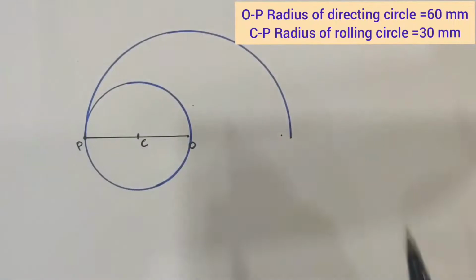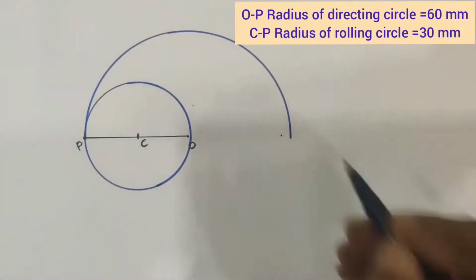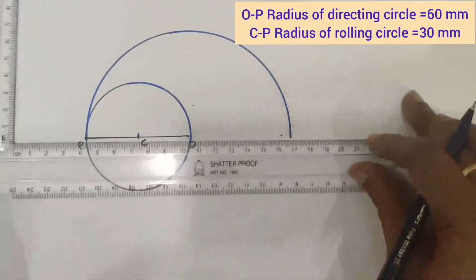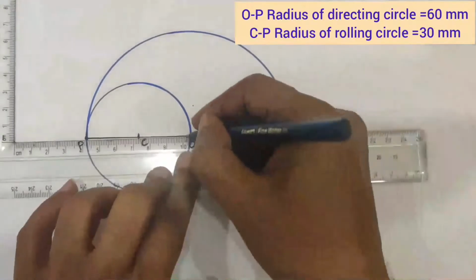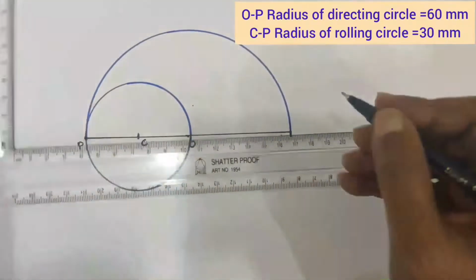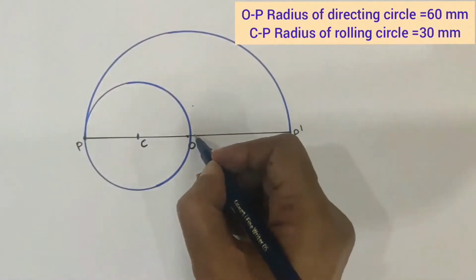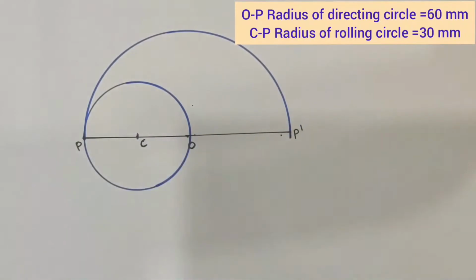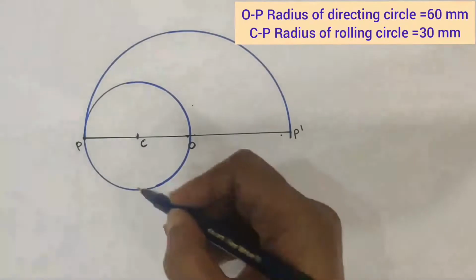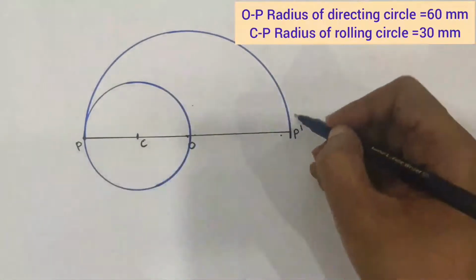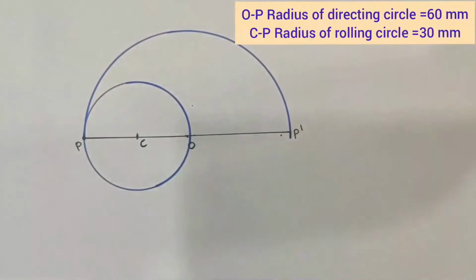Name the endpoint of the directing arc as P dash. Here angle OPP dash is 180 degrees. This is rolling circle and this is directing arc.